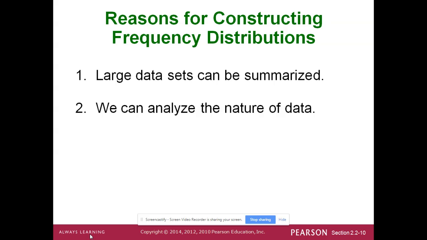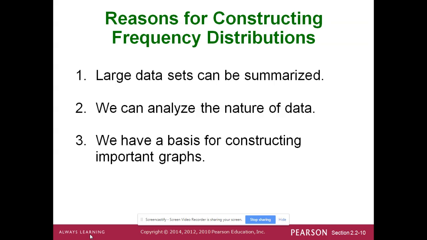We've got a frequency distribution, and technology can help you do that sometimes. It's also a basis for constructing important graphs, maybe a plot of all the data. If we know it's going to be shaped a certain way and we plot the data and it doesn't end up that shape, we probably know something went wrong.